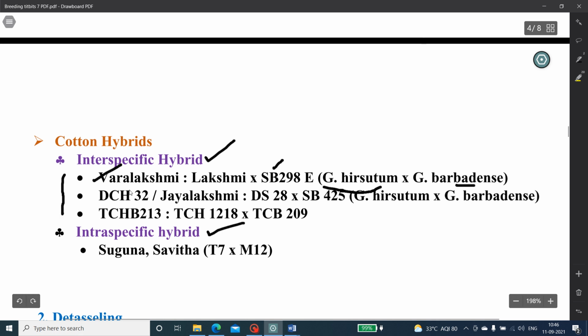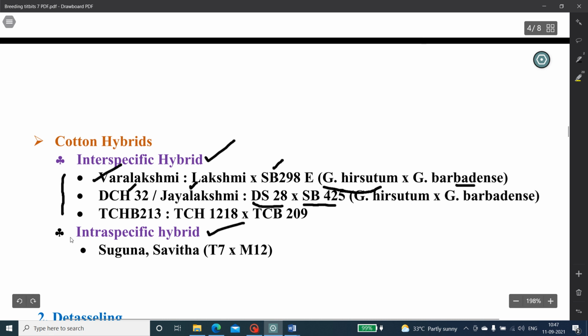Similarly, for DCH32 the female parent is DS28 and the male parent is SB420. It is again a cross between Hirsutum and Barbadense.